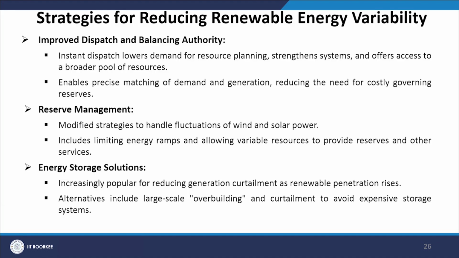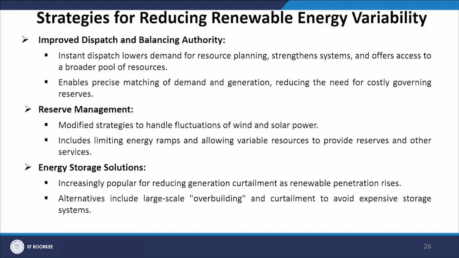Improved dispatch and balancing authority: instant dispatch, lower demand for resource planning, strengthens the system and offers access to a broader pool of resources, enables precise matching of demand and generation, reducing the need for costly governing reserves.